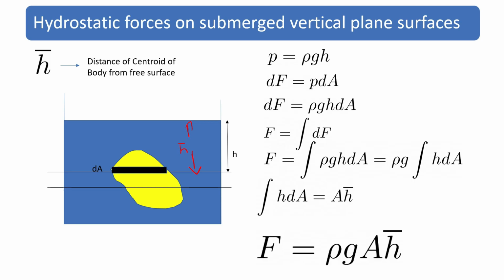So the total force is equal to rho g into A, where A is the total area of the plane surface and h bar is the distance of the centroid of the body from the free surface. So G is the centroid of the body and h bar is the distance of the centroid from the free surface.